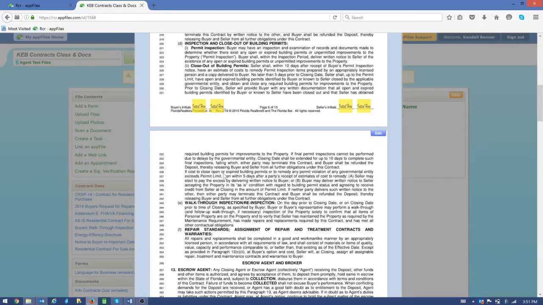There are very few contingencies that are beneficial to the buyer. Here, I've already told you 3 potential opportunities after the inspection period that the buyer can still get out of the contract and get their EMD back.